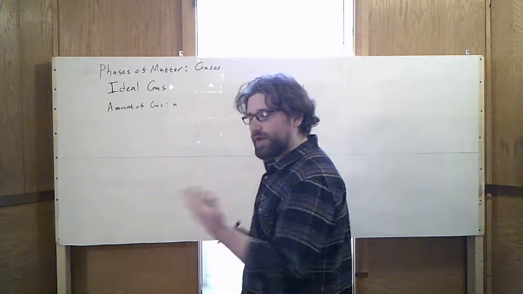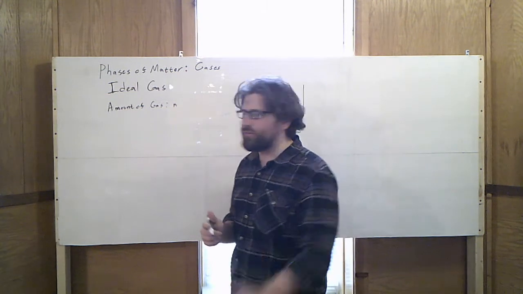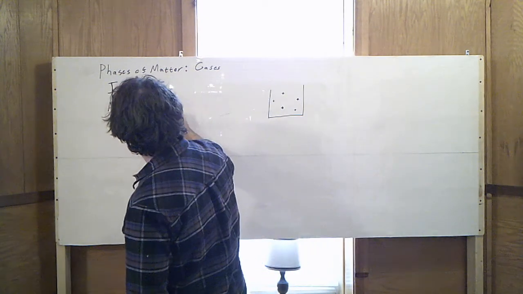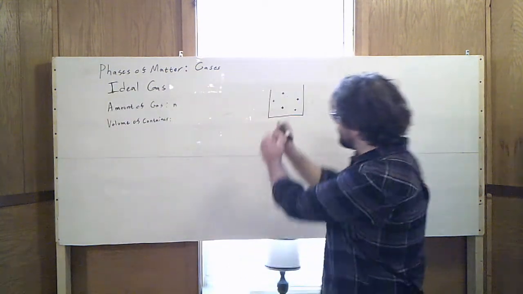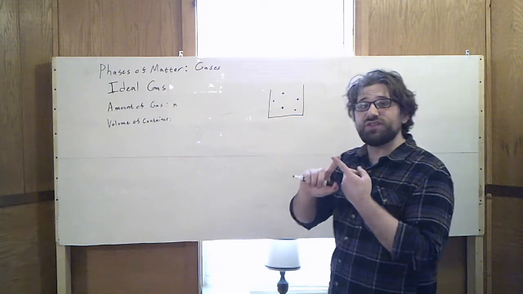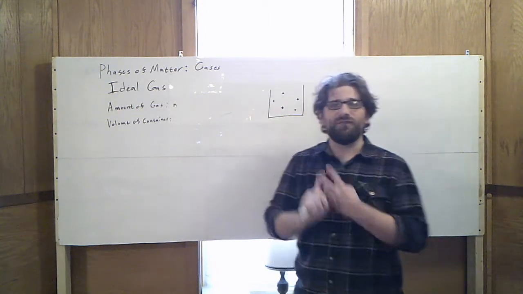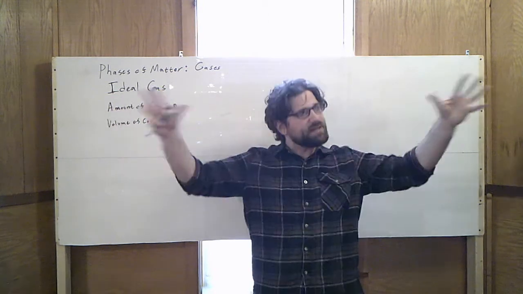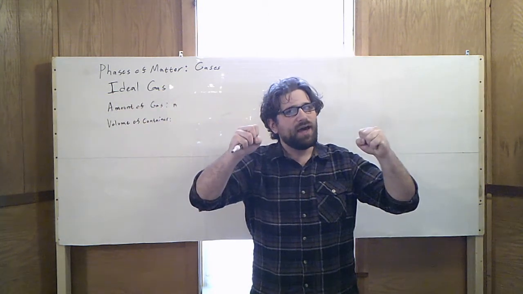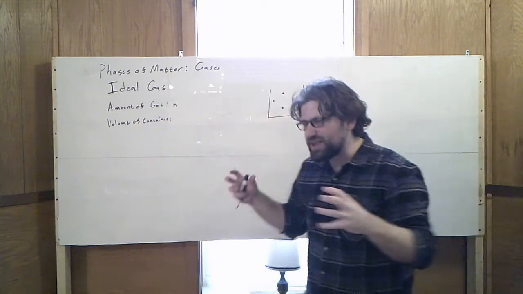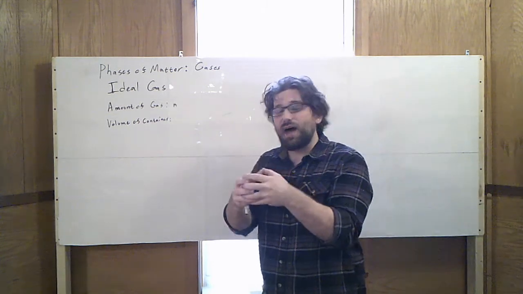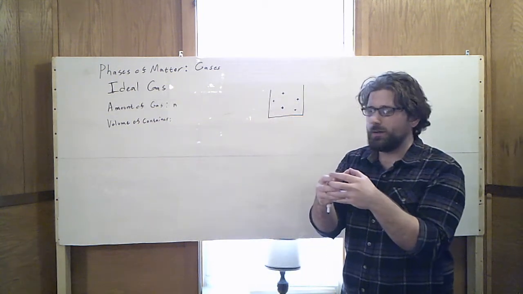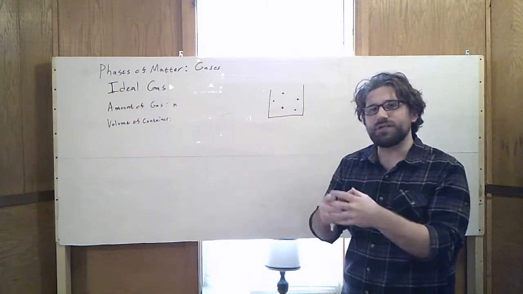Okay? What else? Well, the volume of the container, because a gas is going to spread out. It doesn't have a fixed shape, and it doesn't have a fixed volume. So if I were to take all the gas in this room, in my entire apartment, and shove it inside of a little tin can, I could fit all of it, but it would change the properties of that gas.